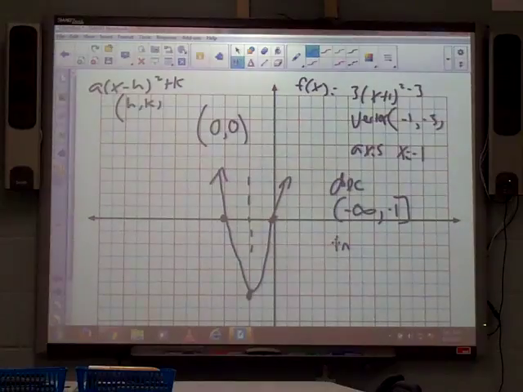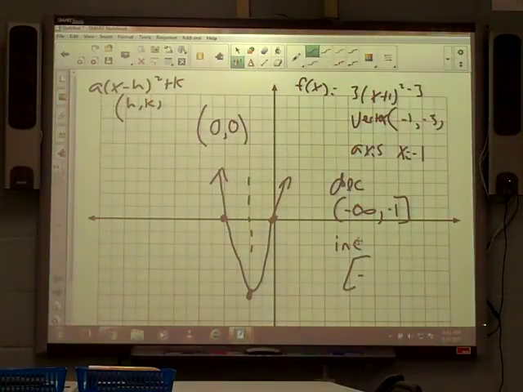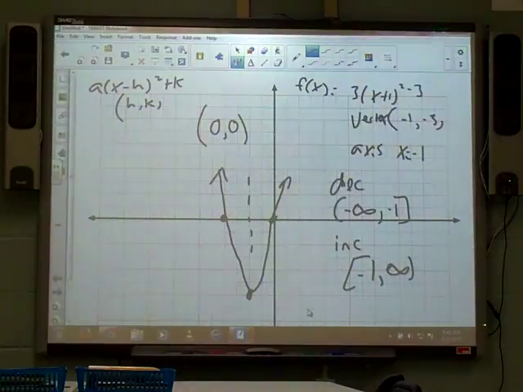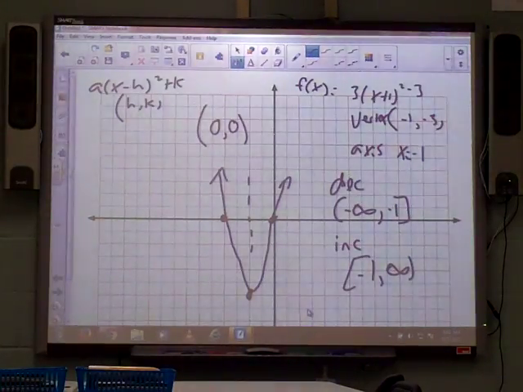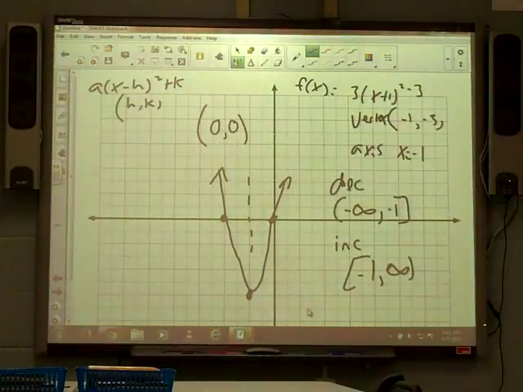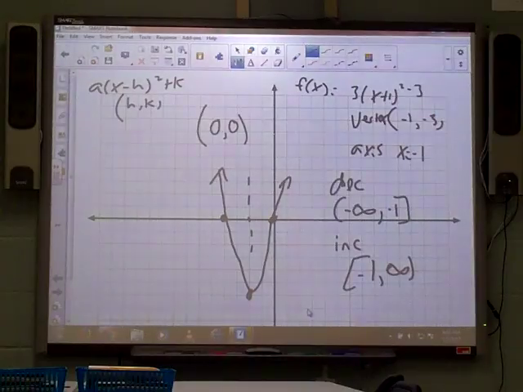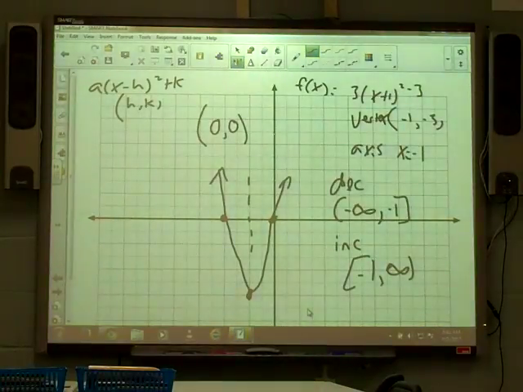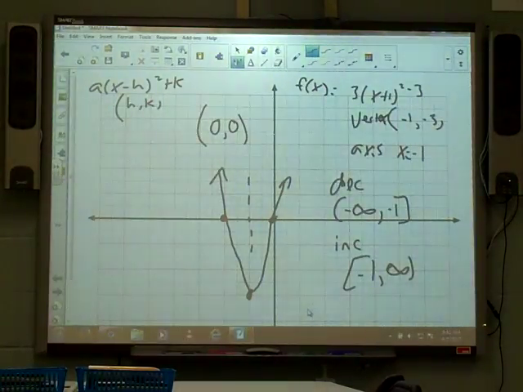Then it increases from -1 to infinity. Alright, said label vertex check, axis of symmetry check, increasing decreasing check, graph check. There was several points on that one and on 13 as well.